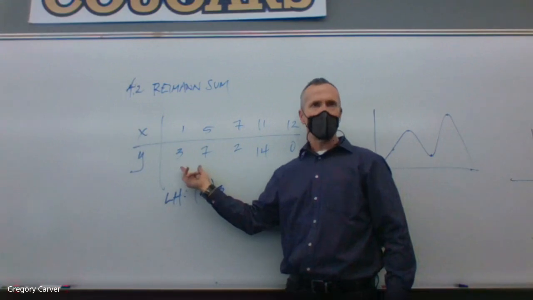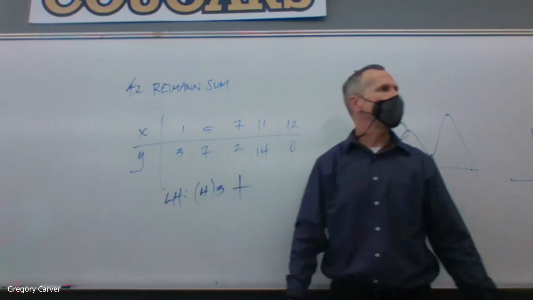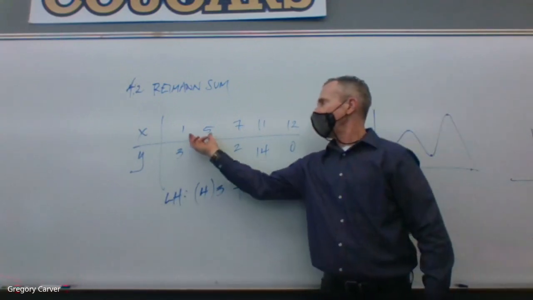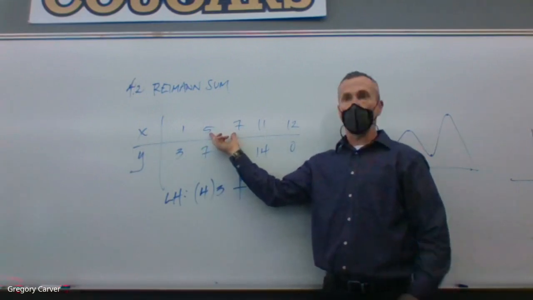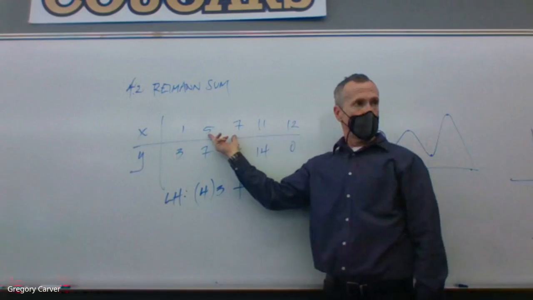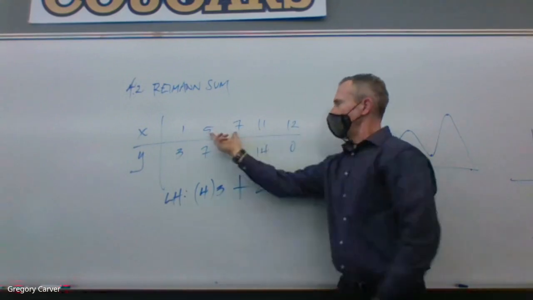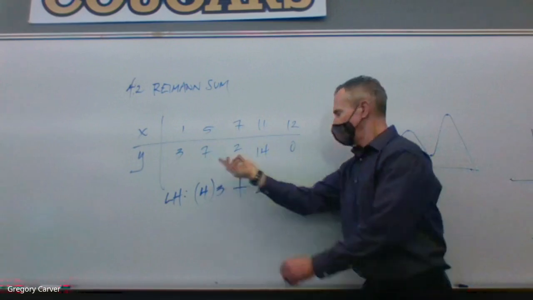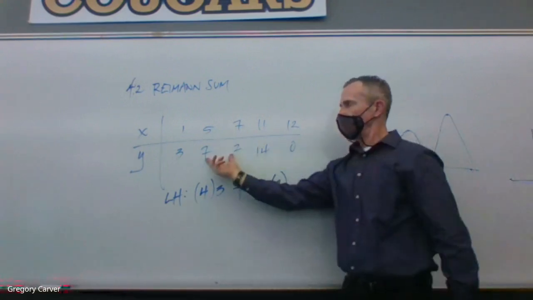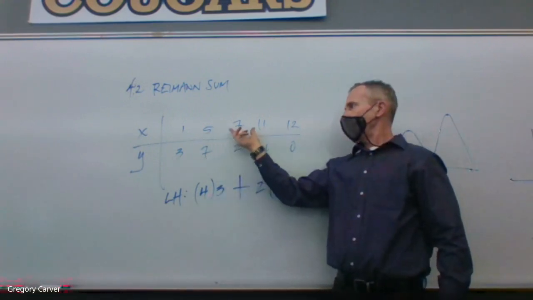Let's keep going. I'm going to add this then to the area of the next rectangle. I just slide right over. This is 2 wide, not to be judgmental. Remember, the axes are the width. 2 wide times the left-hand height, which is 7. Move over to the next interval.